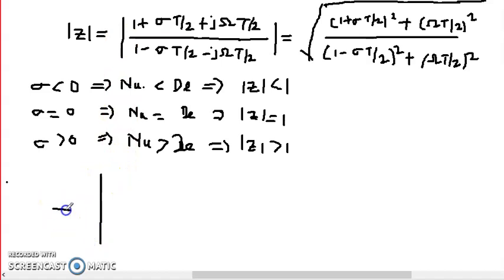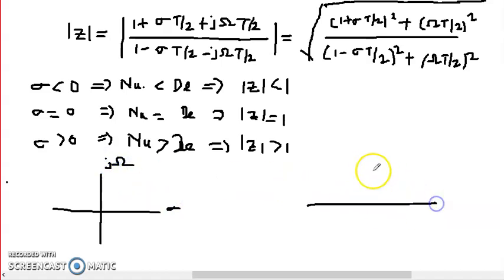So if there is an s plane with sigma and j omega, and there is a z plane, this is the s plane, this is the z plane.